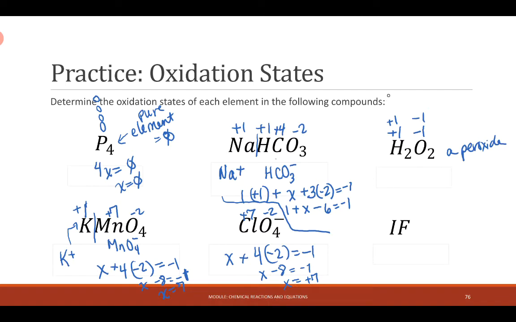If you had initially given hydrogen as a +2 and oxygen as a -2, you have to realize that hydrogen only has 1 proton in the nucleus. +2 is impossible.